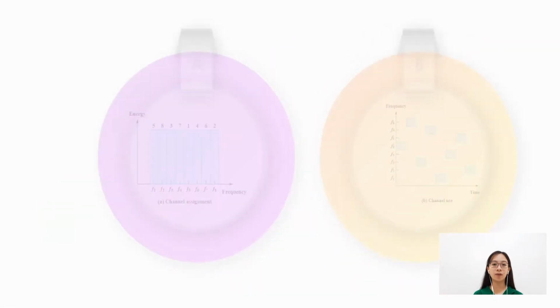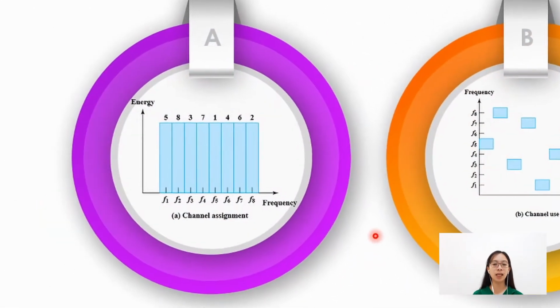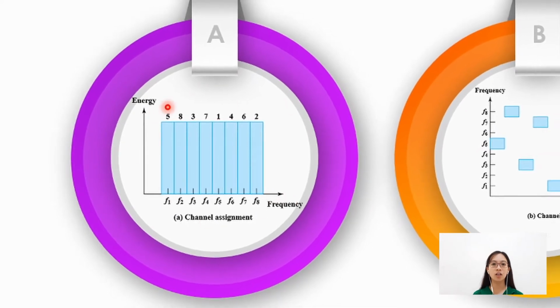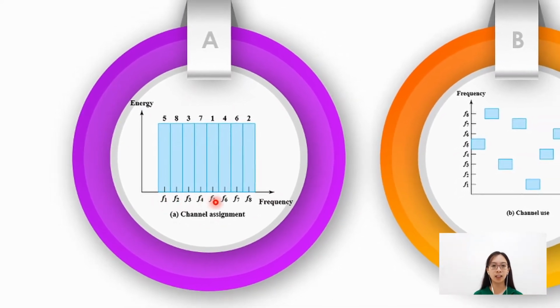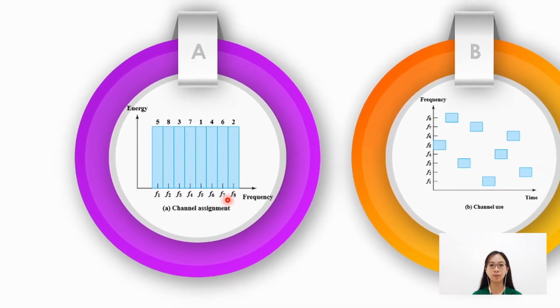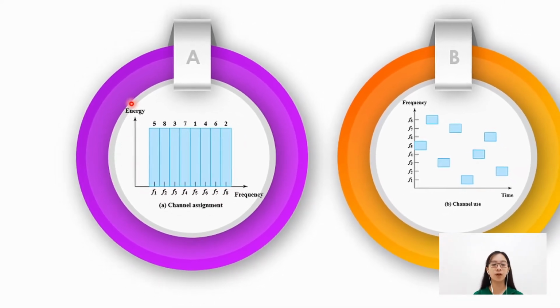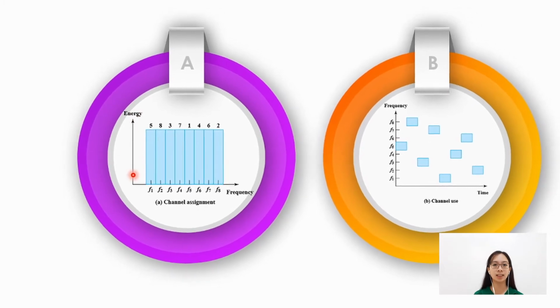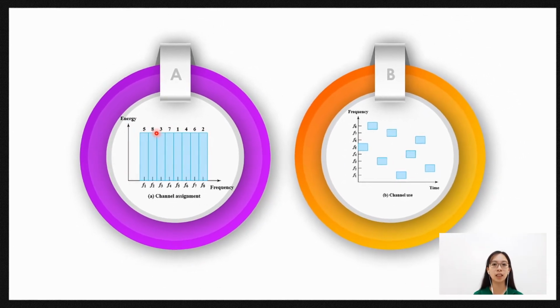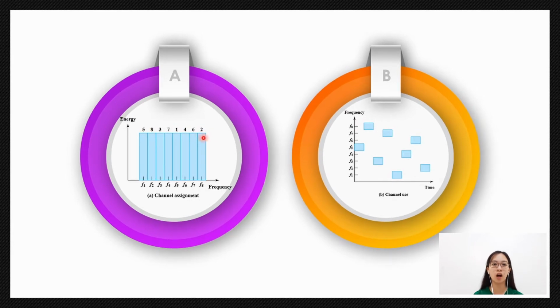As seen in figure A, the transmitted signal is spread across multiple channels. The full bandwidth is divided into 8 channels centered at F1 to F8. The x-axis is the frequency, while the y-axis is the energy used. The numbers above are the sequence from which the signal would hop from frequency to frequency.